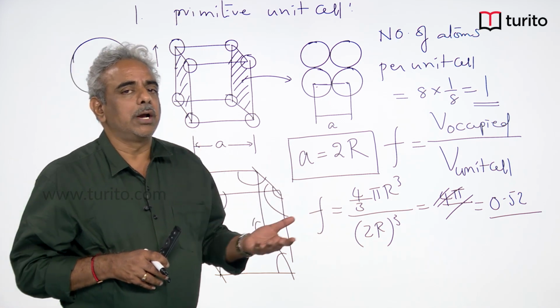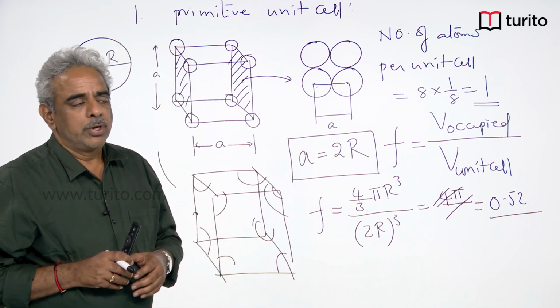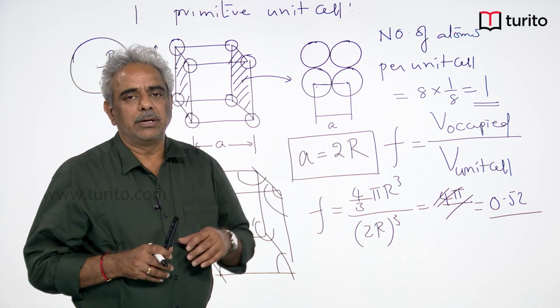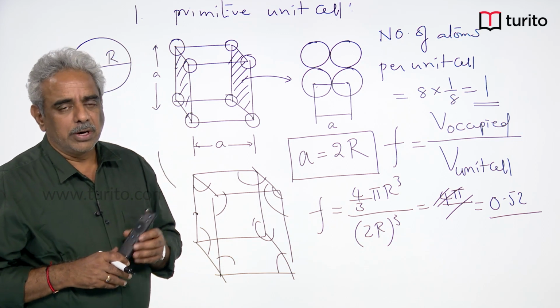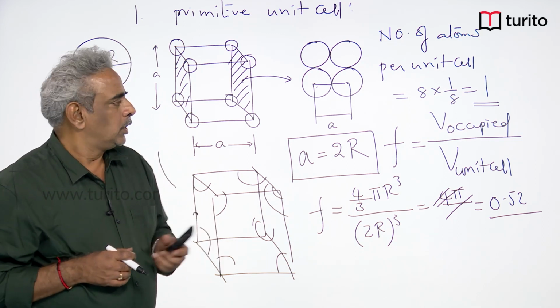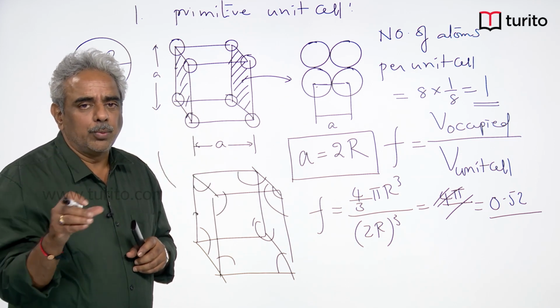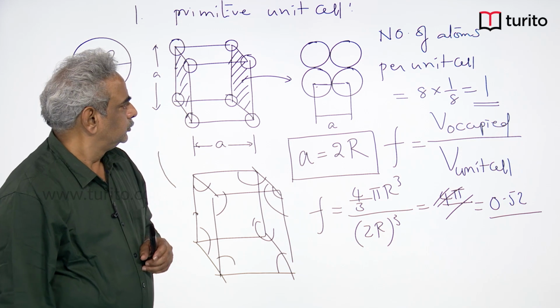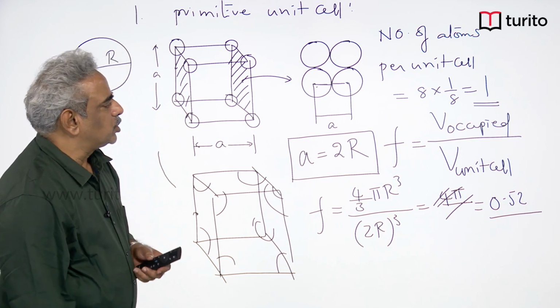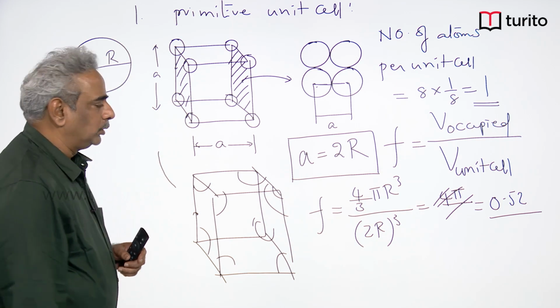Obviously the fraction unoccupied, empty space, is 0.48. So what is the percentage occupied? 52%. What is the percentage of space left? 48%. So this is all about a simple primitive cubic unit cell. Now we will switch over to the next variety of unit cell in the cubic system.